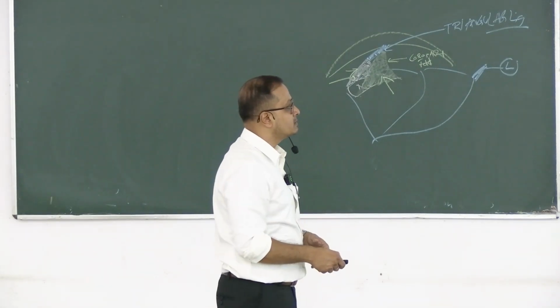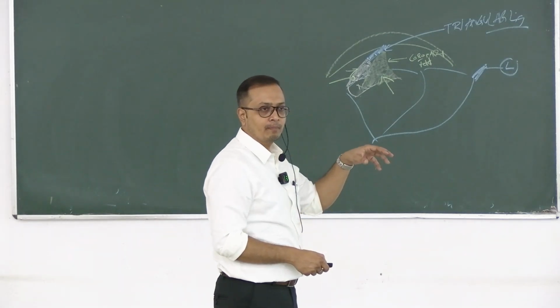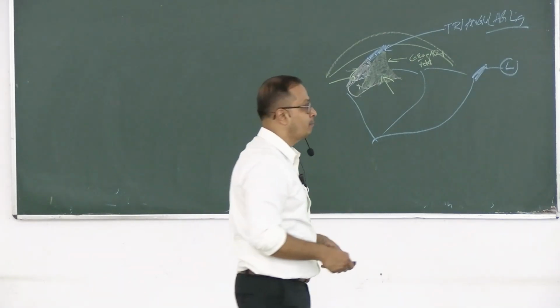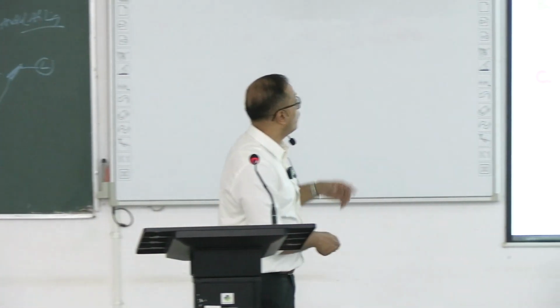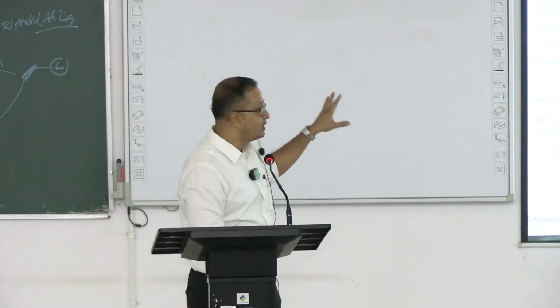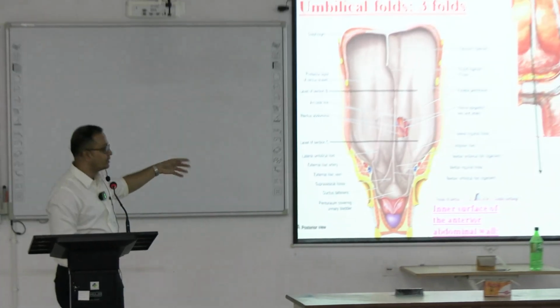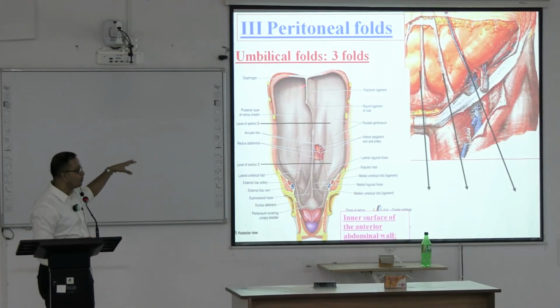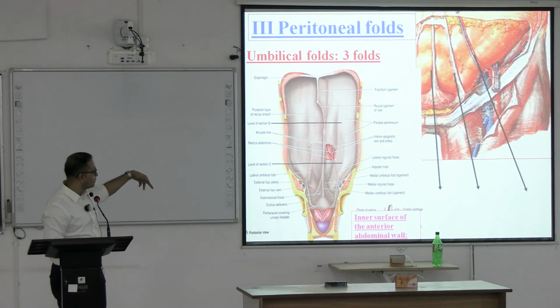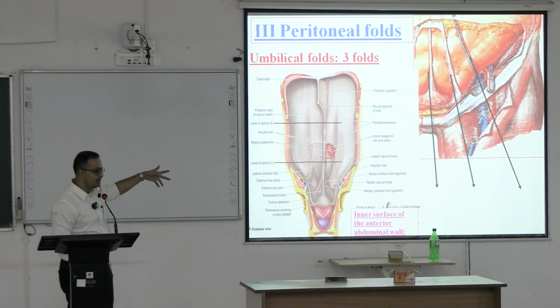So, these two spaces are present in the pelvic cavity, within this particular pelvic region. We are going to see this particular peritoneal fold, and the folds which are present on the inner side of the anterior abdominal wall. So, on the inner side of this anterior abdominal wall we have these peritoneal folds, we call them umbilical folds, related to the umbilicus: median, lateral, medial.